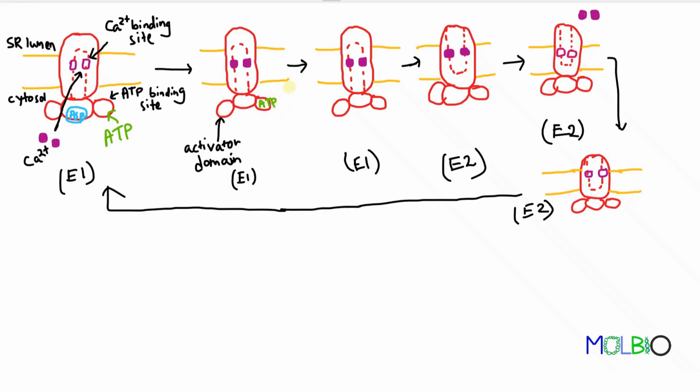Right, so here is the ATP bound, and because of the activator domain, the phosphate group is transferred to the aspartate group, and this is still in E1 configuration, tightly bound with the calcium.